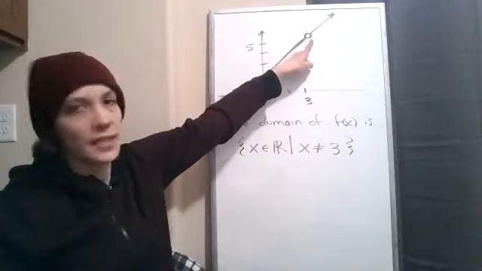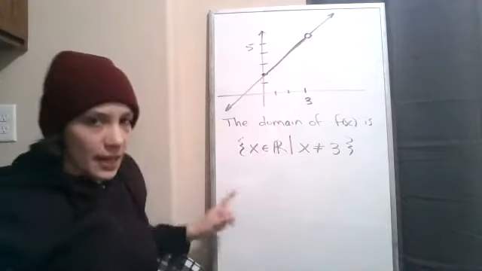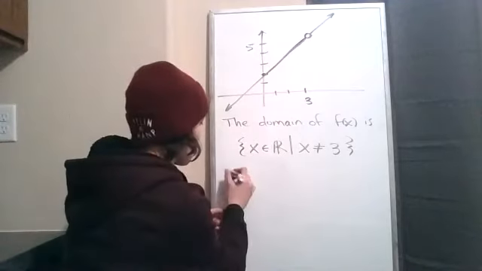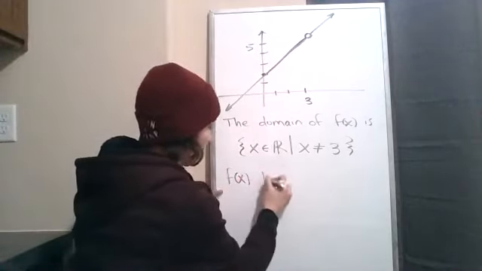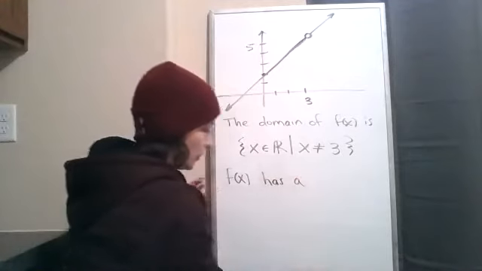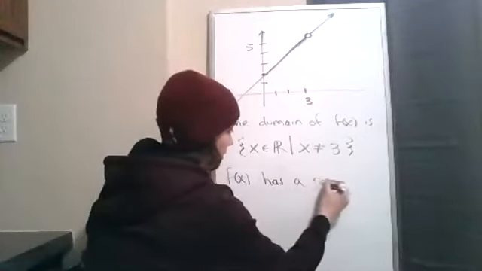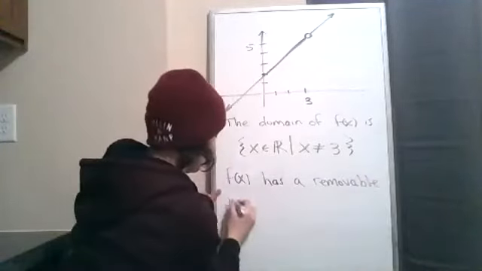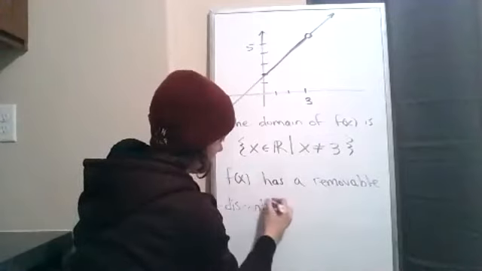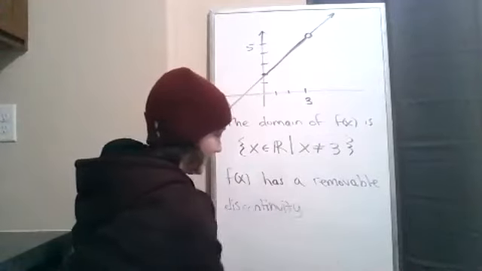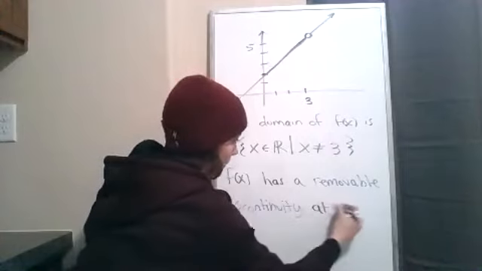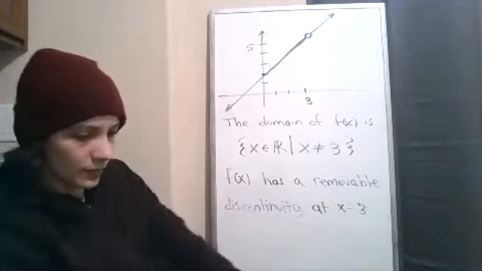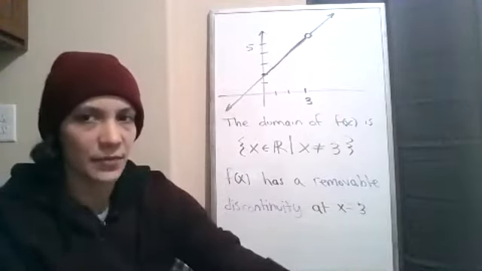And then we talked about this kind of discontinuity. f of x has a removable discontinuity at x equals 3. And then I also noted that f of 3 is undefined.